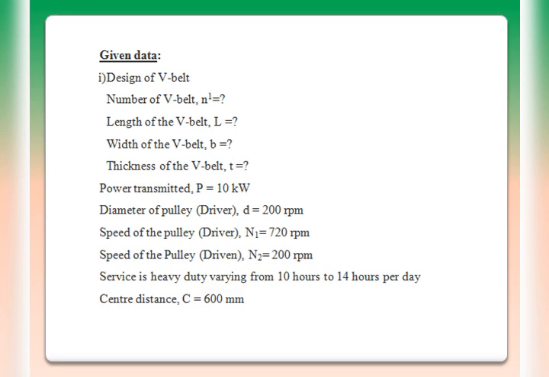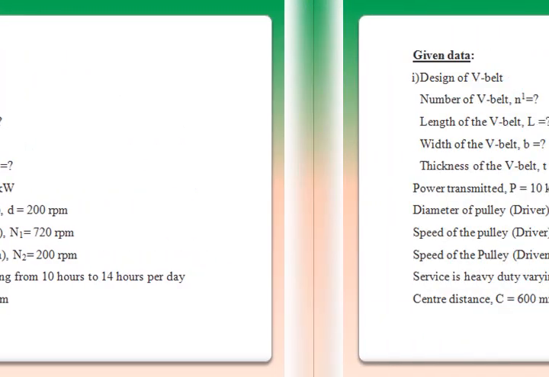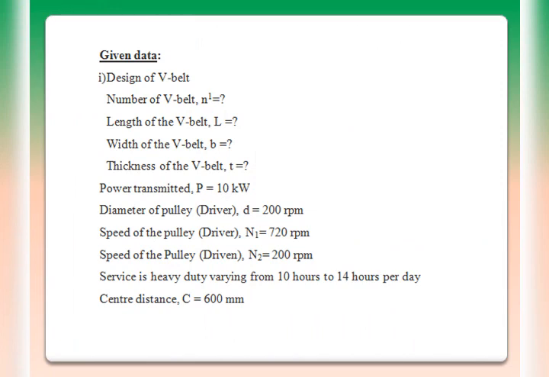So N1 is equal to 720 rpm, and the diameter of that particular pulley, that is the smaller pulley or driver pulley, is 200, to another pulley mounted on a compressor. So the driver is a motor and the driven member is the compressor. So speed of the driven pulley N2 is equal to 200 rpm.